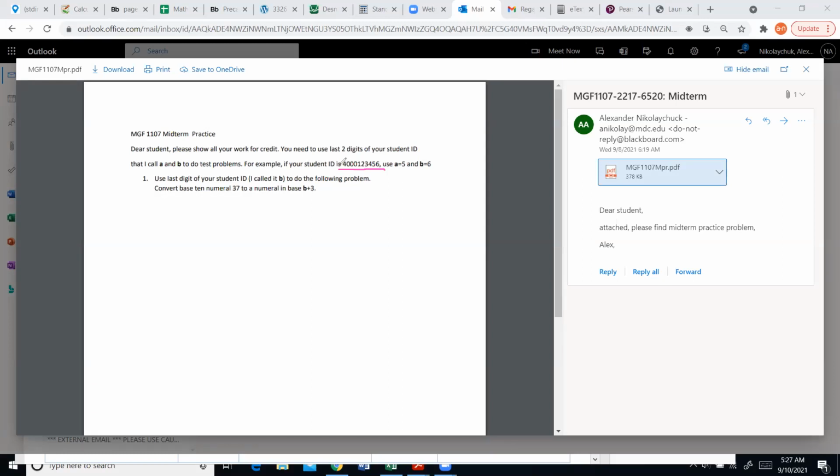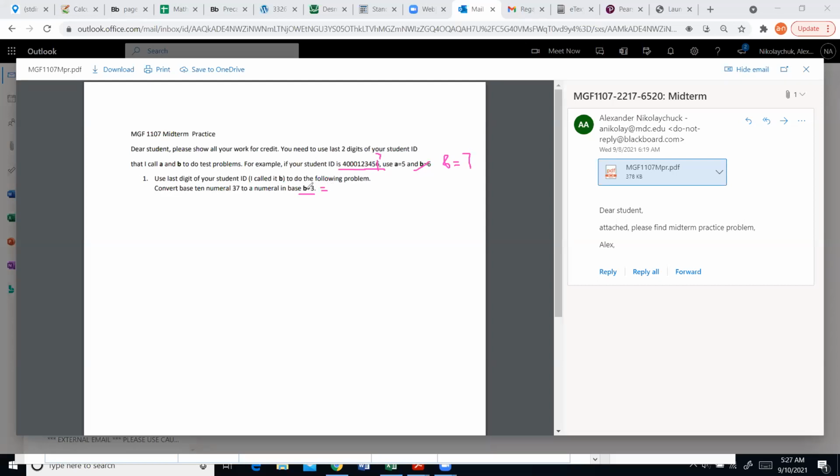So you need to know your student ID. Let's say if your last digit of student ID is 7, then instead of B, which is the last digit, you're going to use 7. If your last digit is 0, then you will use 0. If it's 5, then you use 5. So whatever last digit of student ID is, you use instead of B in the first exercise.